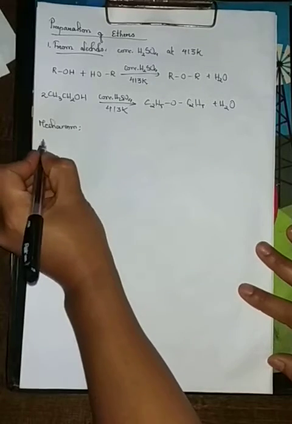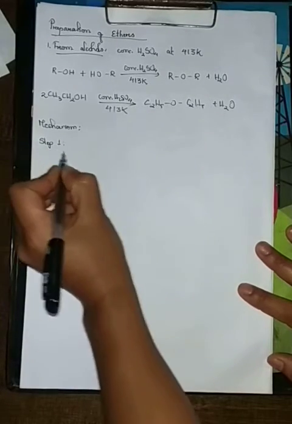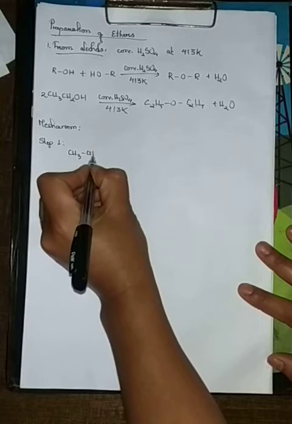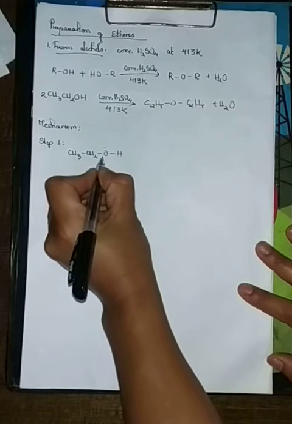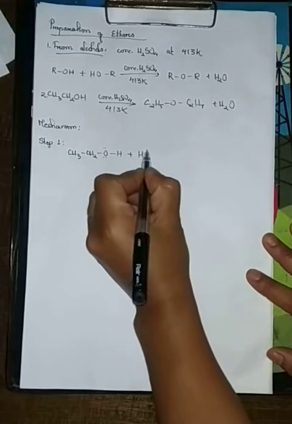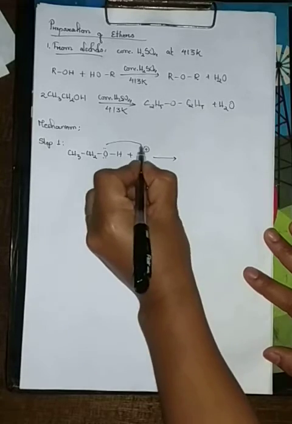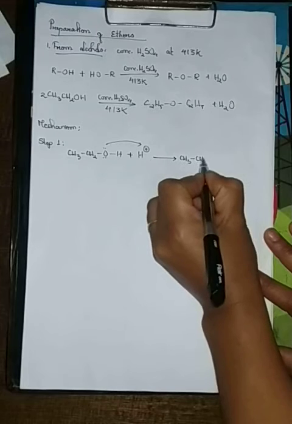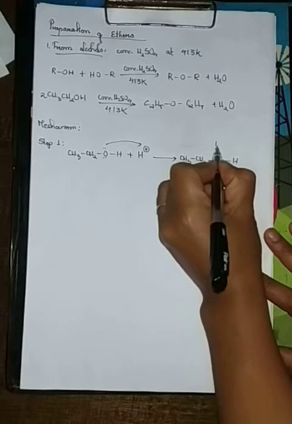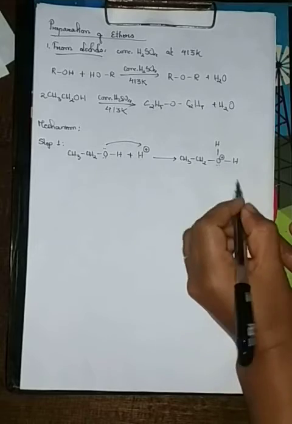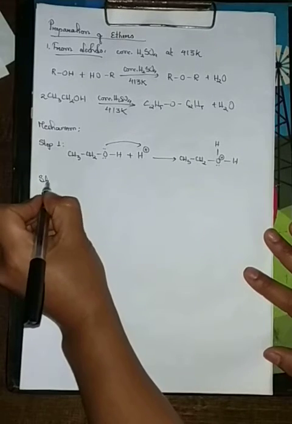Now if we check the mechanism of the preparation of ethers from alcohols. In step 1, the first alcohol molecule CH3CH2OH nonbearing, our acid gives us a proton, and we will be getting here CH3CH2OH2 positive.